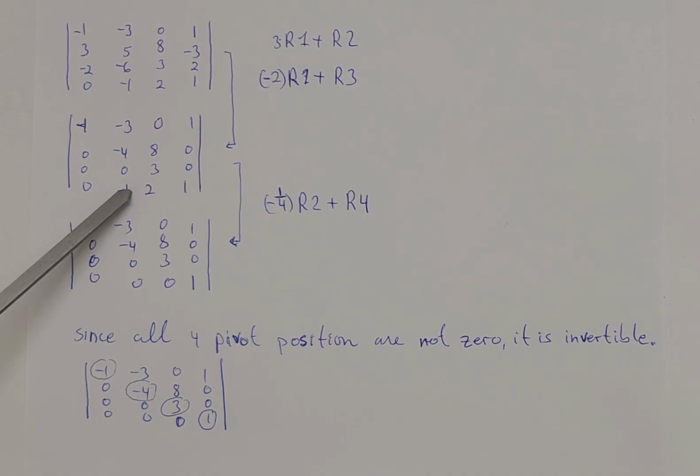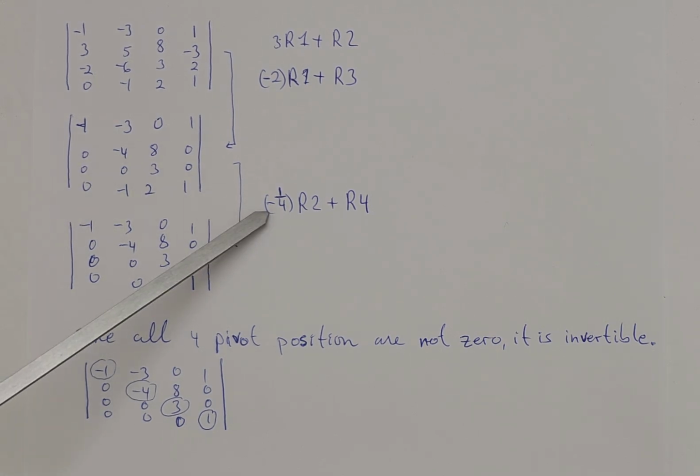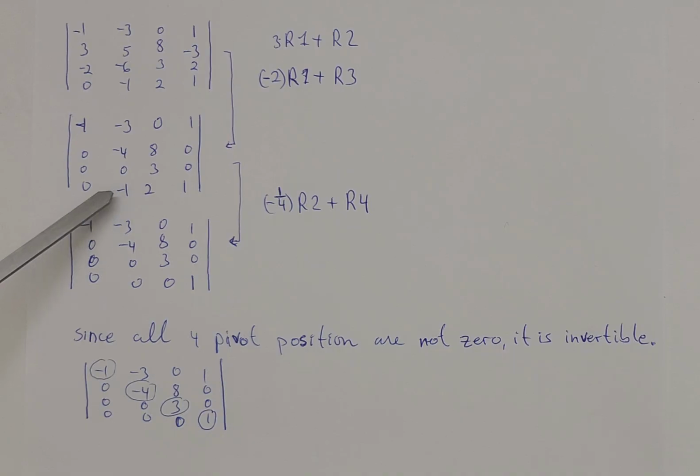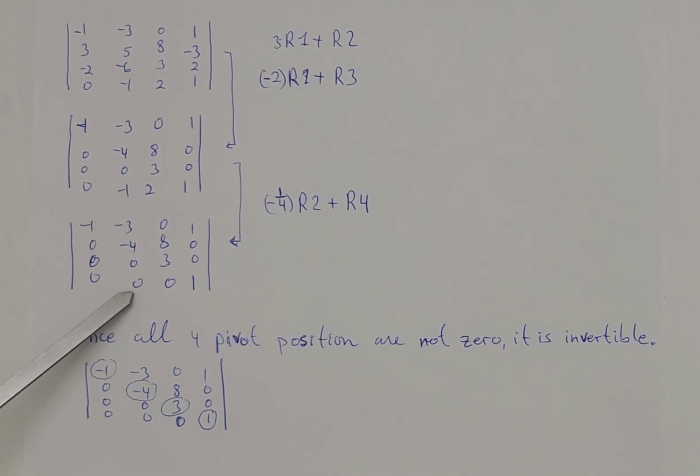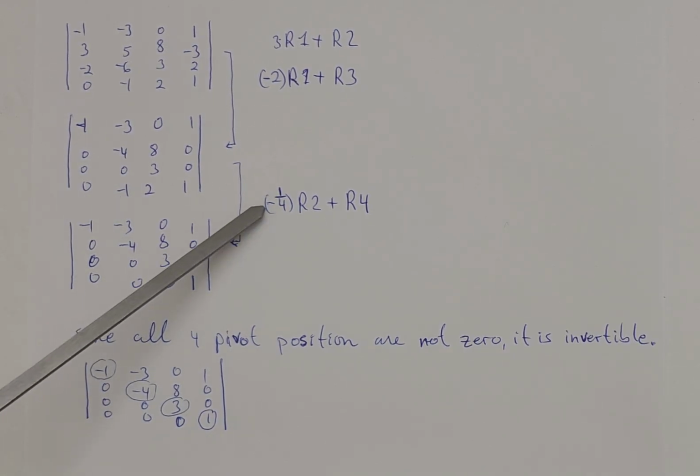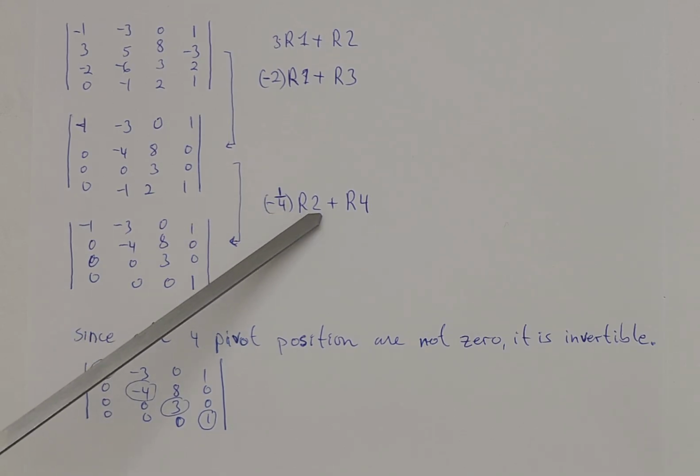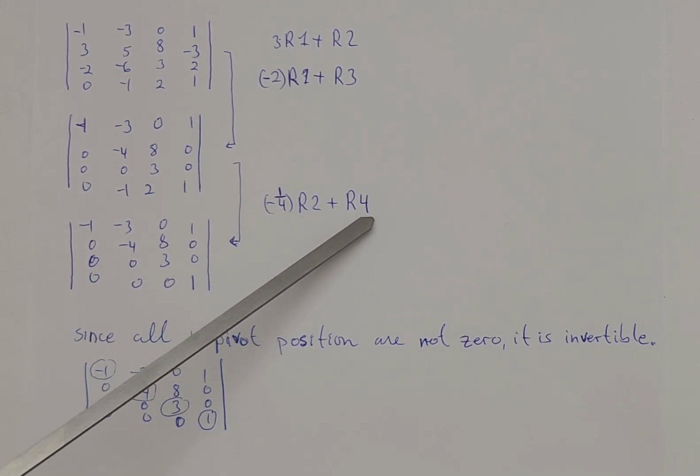The only way to get this to become a 0 is to multiply by the reciprocal of 1/4, and there's a negative here already, so we need another negative, so it becomes positive. And then when we subtract this -1, it'll become 0. So multiply -1/4 to row 2, add it to row 4.